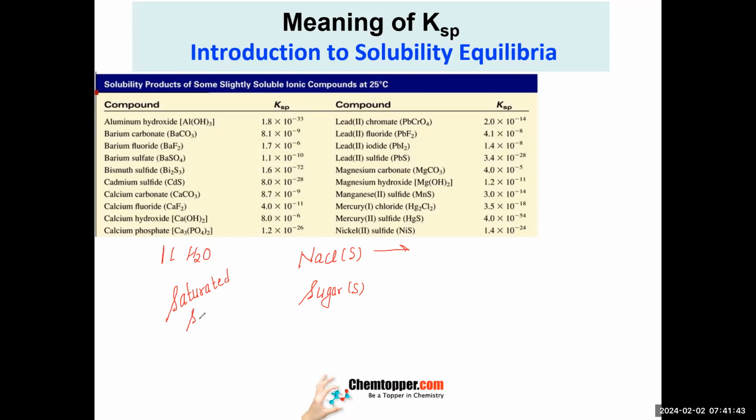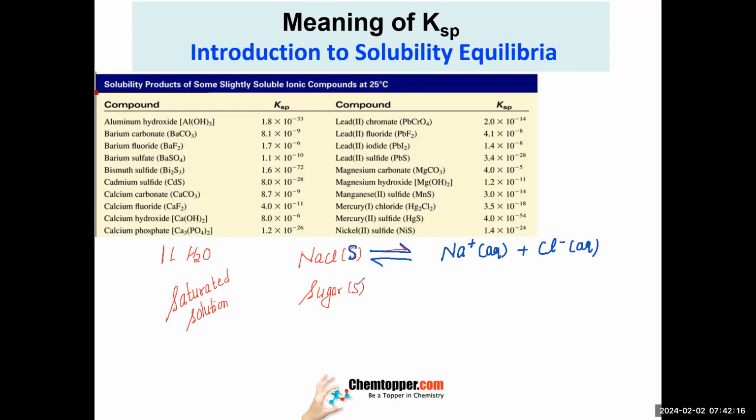Saturated solution. What is a saturated solution, children? It is where there is an equilibrium between the solid and the ions, like in NaCl, an ionic compound. The ionic compound is going to dissociate into ions, so there is an equilibrium here.